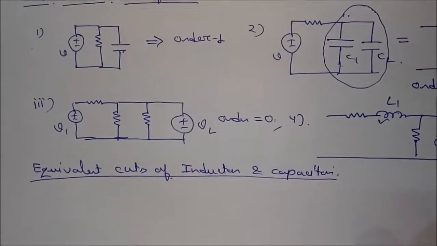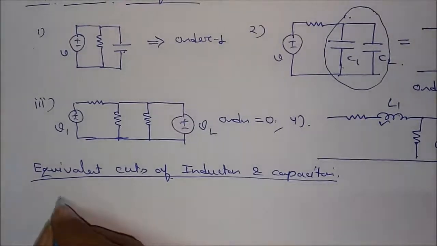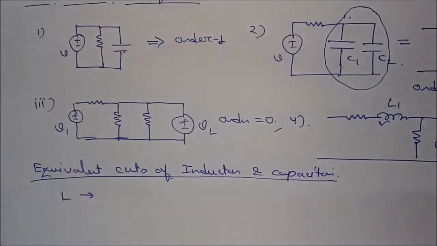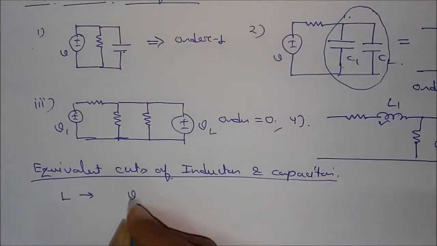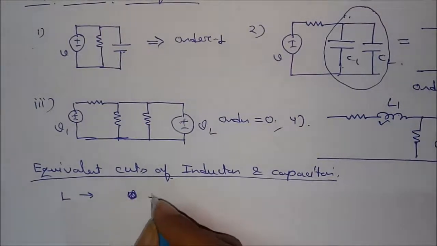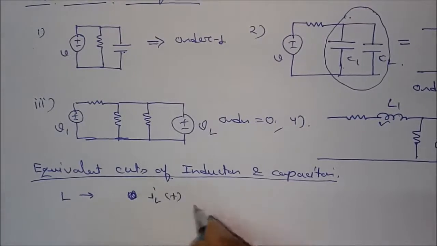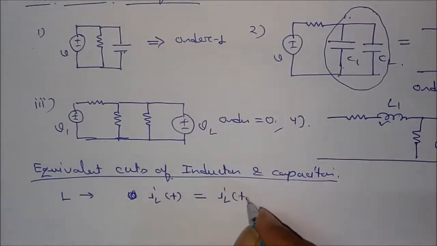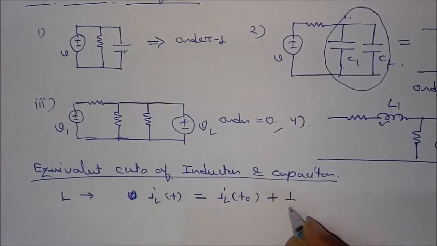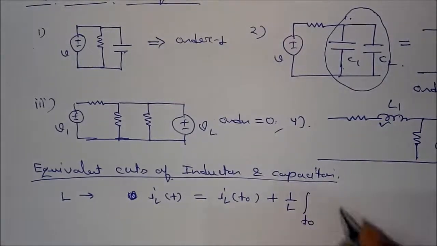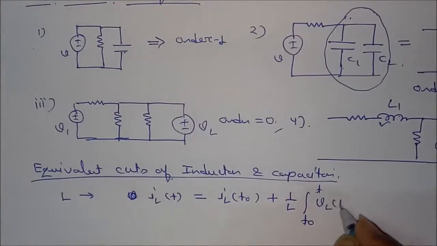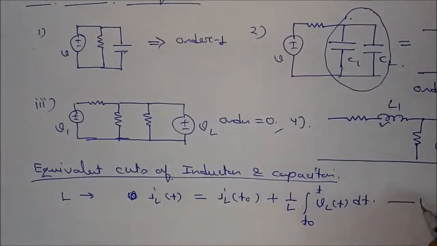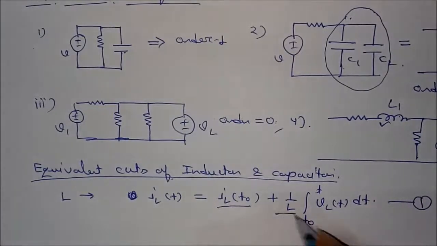See, I have already told you that for L, the general expression for the current is i_L(t) is equal to i_L(t0) plus 1 by L integral from t0 to t of v_L(t) dt. This is the current expression, and two currents are getting added.